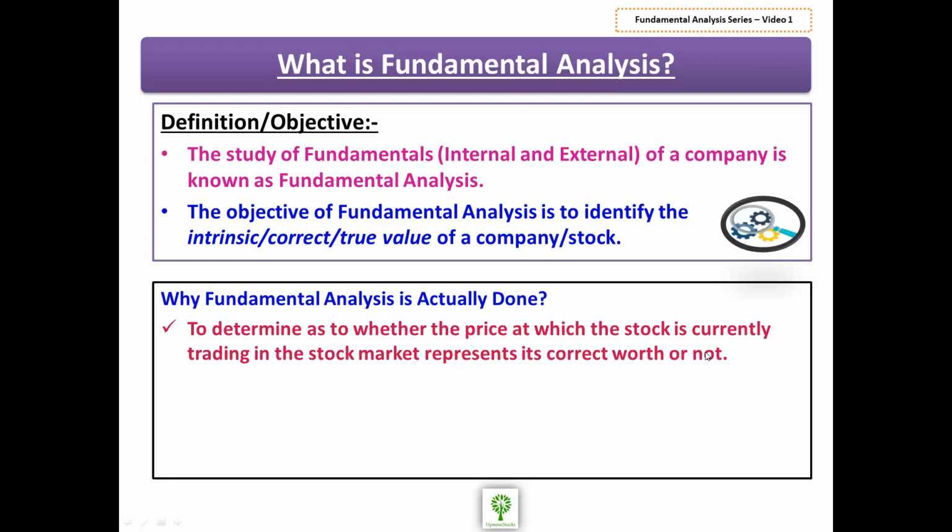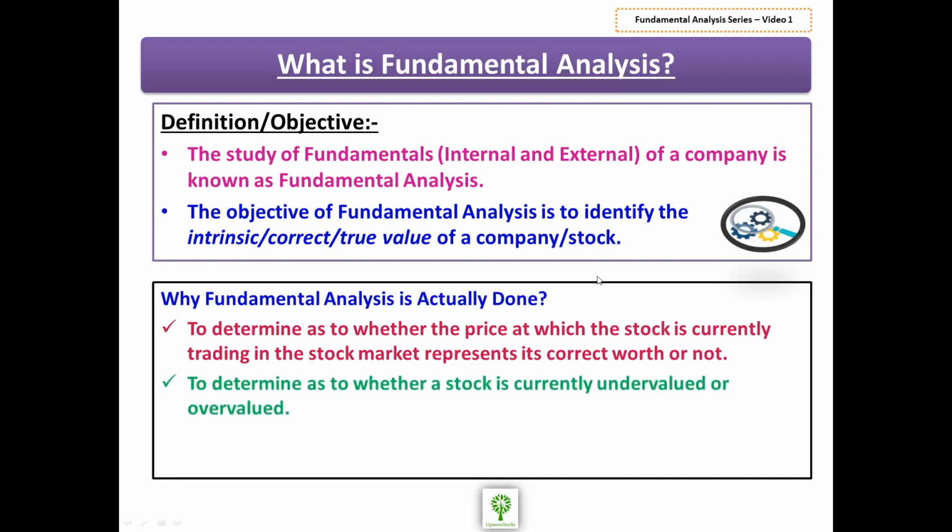Before making the investment decision, you do fundamental analysis with the objective of identifying the accurate price of the particular stock or company. Once you have done the analysis, you will be able to identify a price that helps you determine whether the stock you are willing to buy is currently overvalued or undervalued. This we will discuss in the next slide with the help of an example, which will make things clearer.